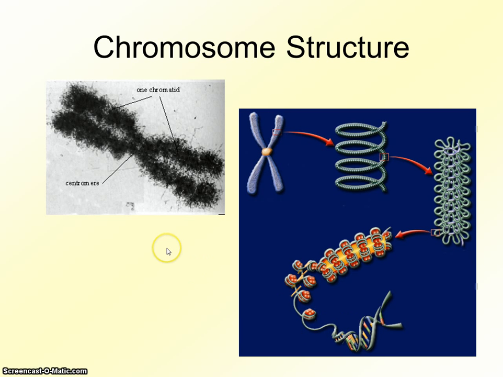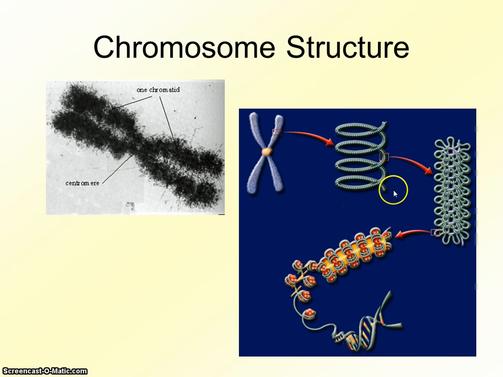Here is a computer illustration from an electron microscope of the structure of a chromosome. Once again, you see here is one sister chromatid, here's the other sister chromatid, and here is the centromere. How it works is you take your DNA, and you have these proteins that the DNA is going to coil around, and it bunches up into really, really small packages.